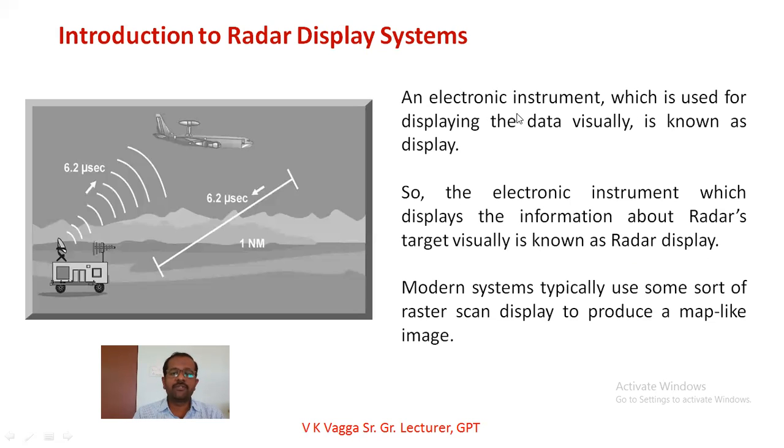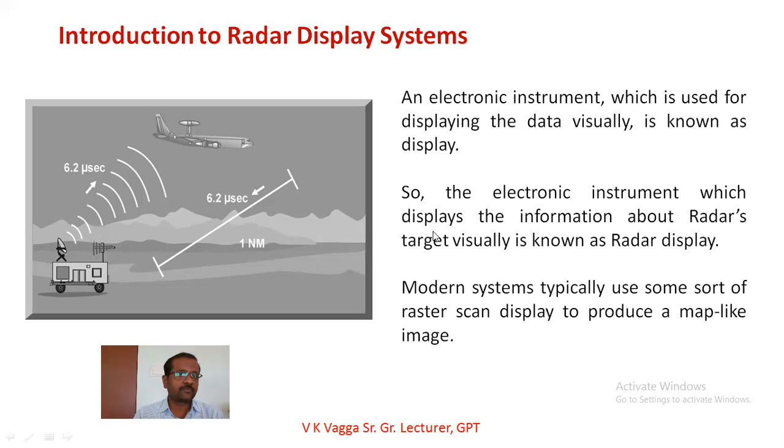If you take only the definition of the display, it displays data, and if it displays the data of the radar, it is called the radar display. Okay, it's very simple. Modern systems typically use some sort of raster scan display in order to produce a map-like image. If you take Google Earth, for example, it is a map-like image.